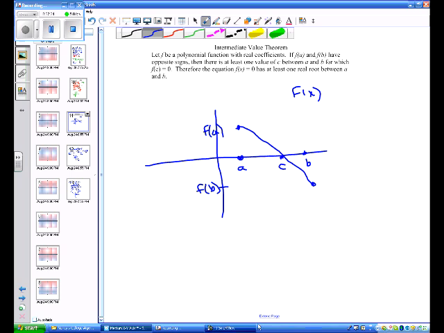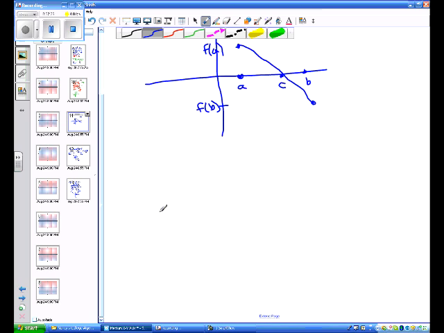So if we look at an equation, let's say that we've got the equation f of x equals x cubed minus 4x squared plus 2. And we want to know, is there a solution, is there a 0 between the numbers 0 and 1?